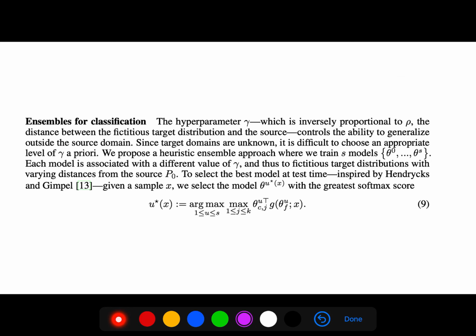The hyperparameter gamma, which is inversely proportional to rho, the distance between the fictitious target distribution and source, controls the ability to generalize outside the source domain. So to select the best model at test time, we select the model with the greatest softmax here.